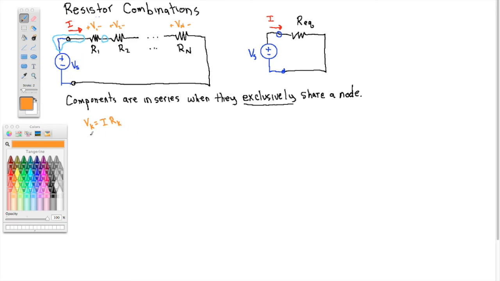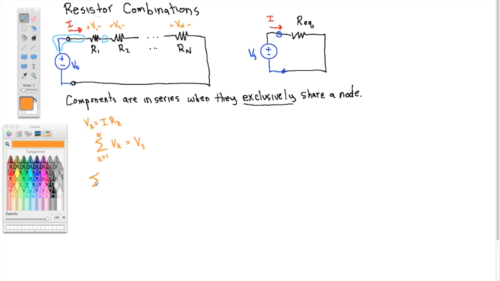And from Kirchhoff's voltage law, if I sum up all of those voltage drops, k goes from 1 to N of Vk, so I sum this voltage, this voltage, all the voltages, that must give me the voltage source, Vs. Go around in a loop, and all the voltage must be accounted for.